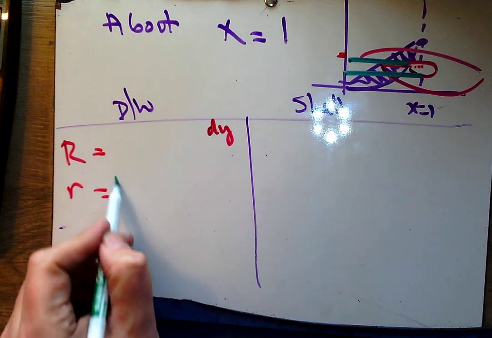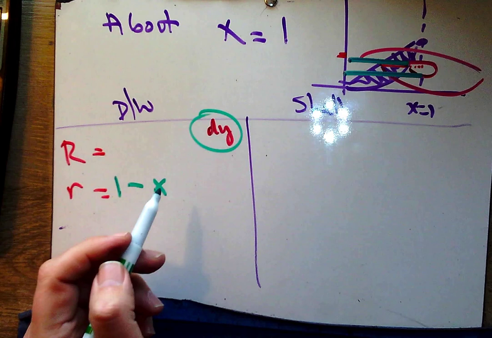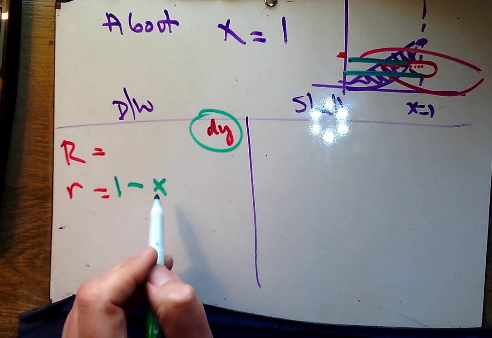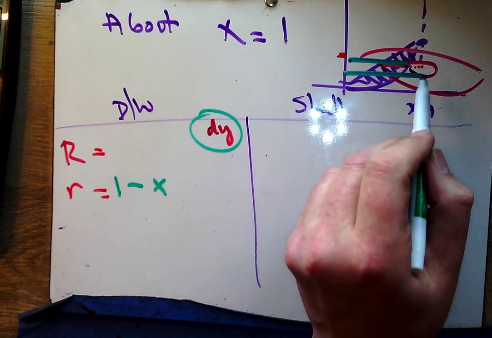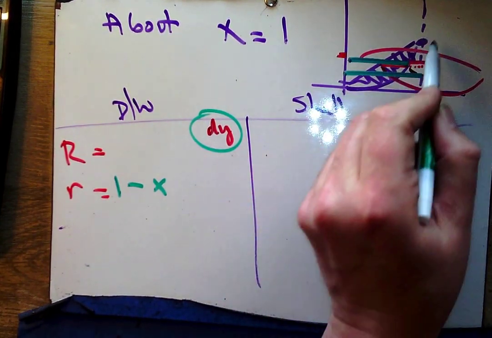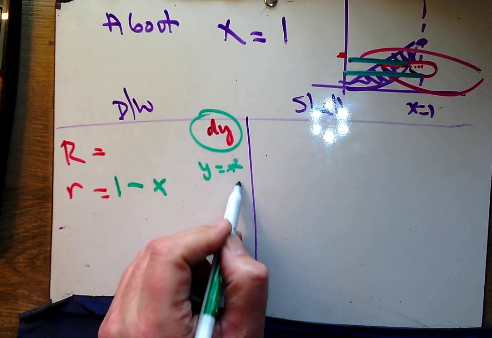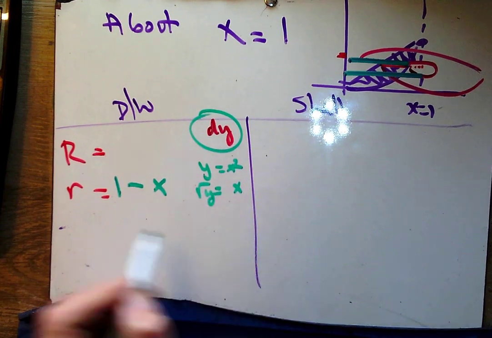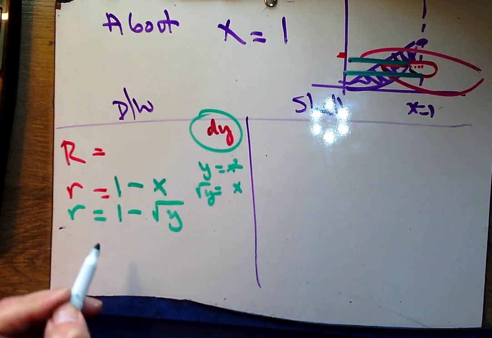So little r is 1 minus x. But it's a dy integral, so I'm not going to be able to use this x. Instead, I need something y-like, and it's the x and y relationship for the parabola. So if y equals x squared, then x equals square root of y. So little r is 1 minus square root of y.